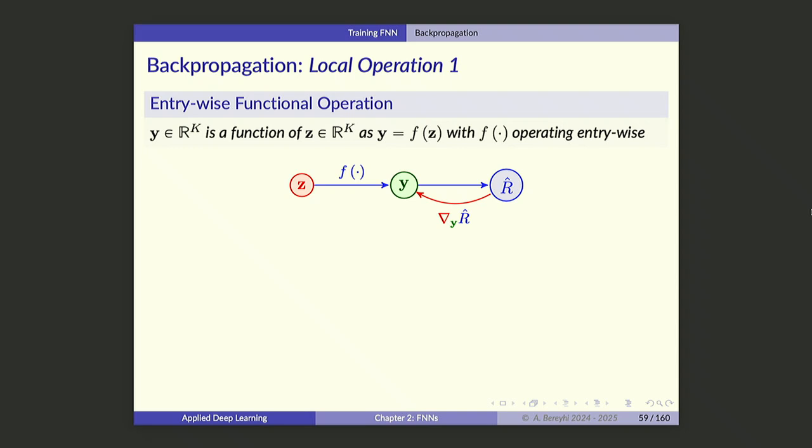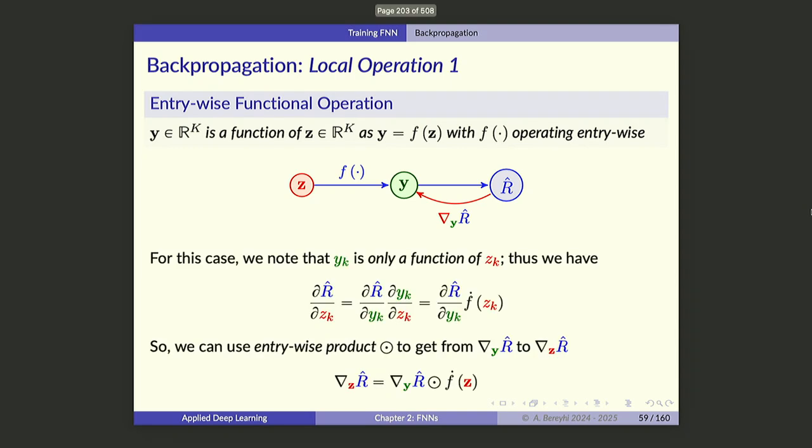So I want that. Now, let's do it. So every single entry inside this gradient of r hat with respect to z is going to be something like this, right? So it's going to be a partial derivative of r hat with respect to one of those entries inside z, correct? Now, how can I write it down? I can use chain rule.